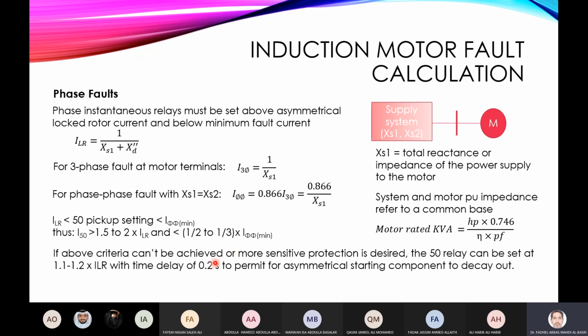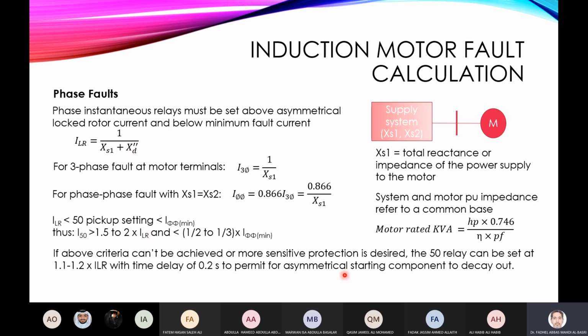So if there's no margin between the lock rotor current and the minimum short circuit, then the instantaneous relay cannot be applied.